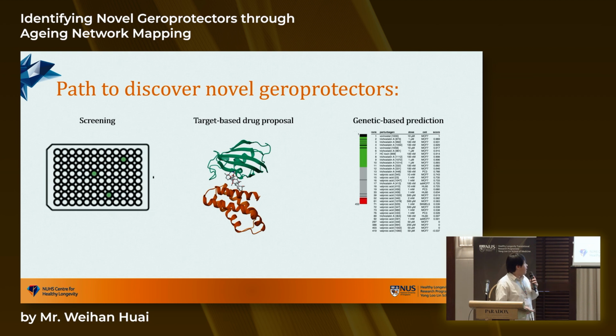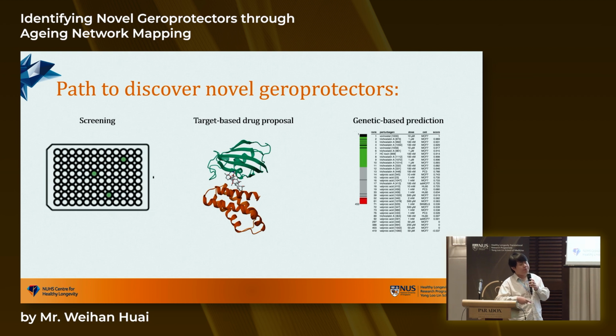The second way is that if you know in biology that there are certain targets that are known to be associated with longevity, such as the mTOR complex, you can design drugs for these targets, like rapamycin. We know that rapamycin is an mTOR inhibitor, so we can design more potent mTOR inhibitors. But whatever you design, it's still an mTOR inhibitor, so the negative effects you get from inhibiting mTOR will still be mostly inherited.